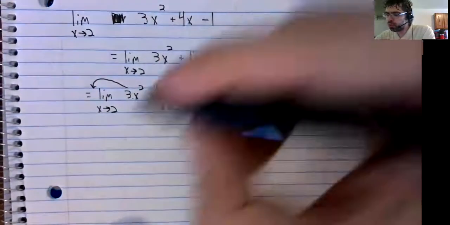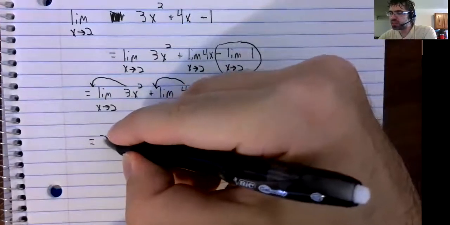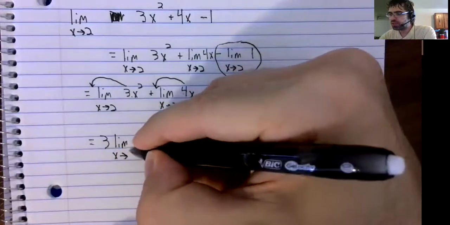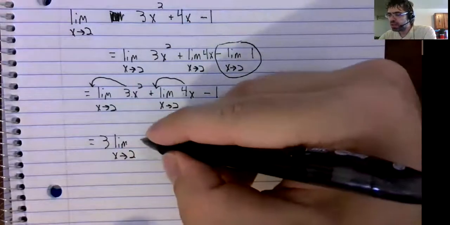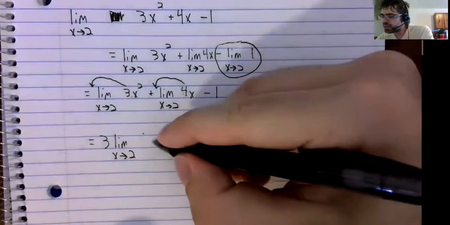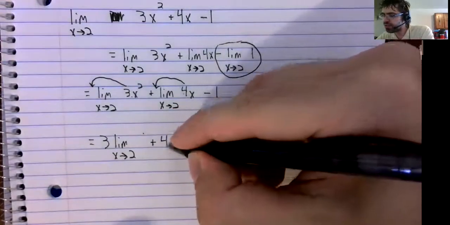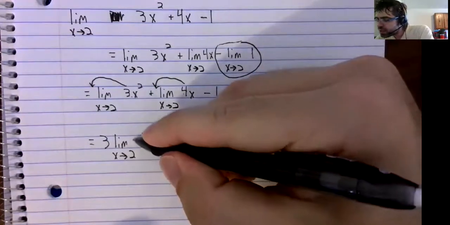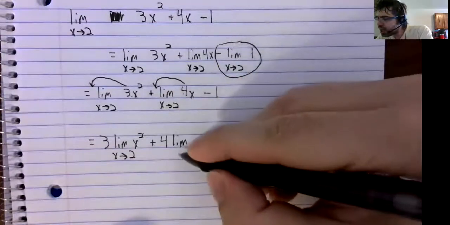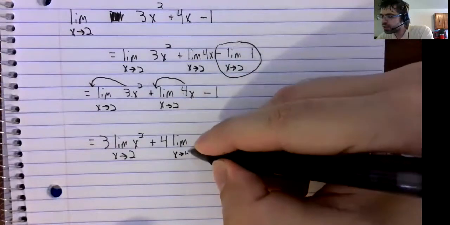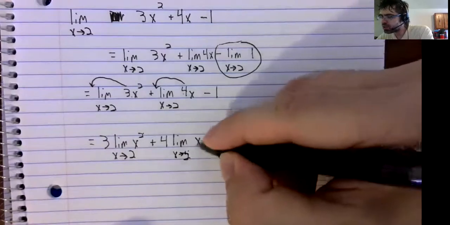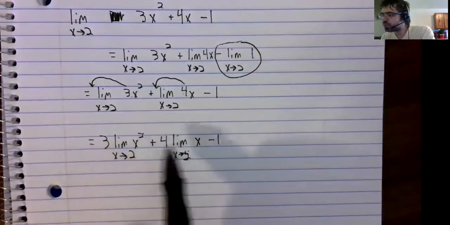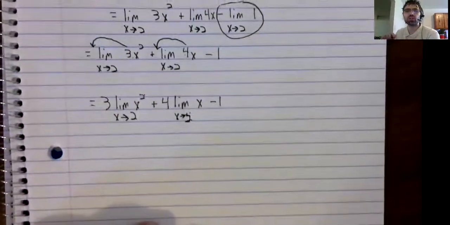So our rule says we can take this 3 outside of the limit, and we can take this 4 outside the limit. See, double check this. 3 went out, 4 went out. All looks good.